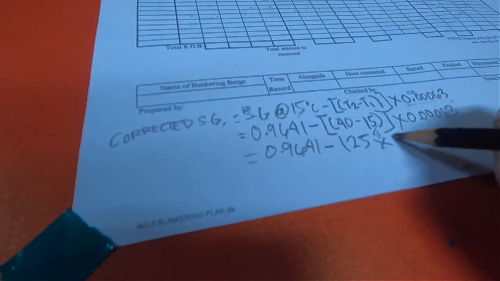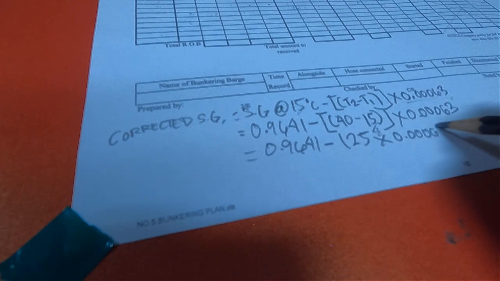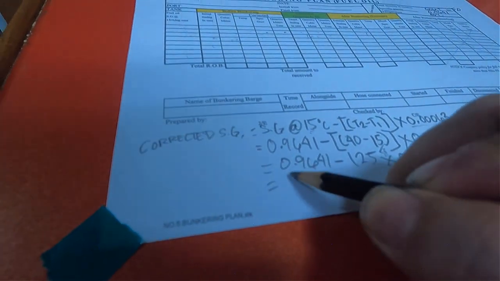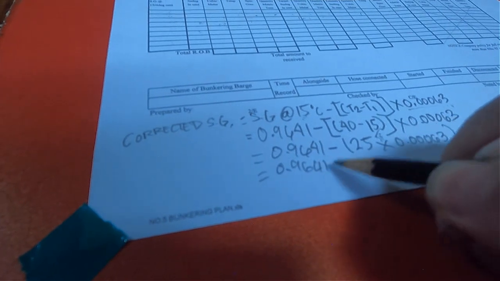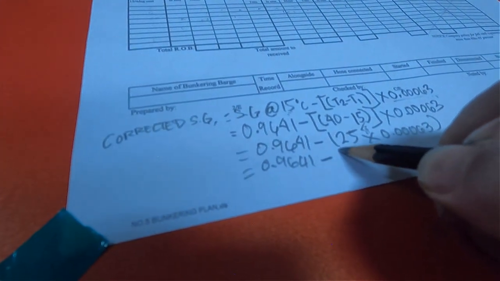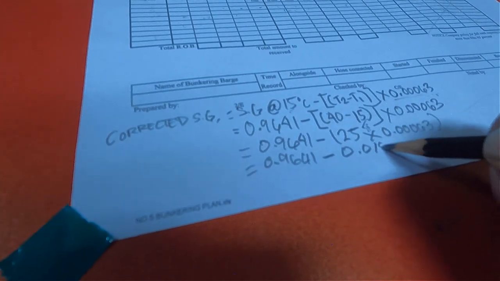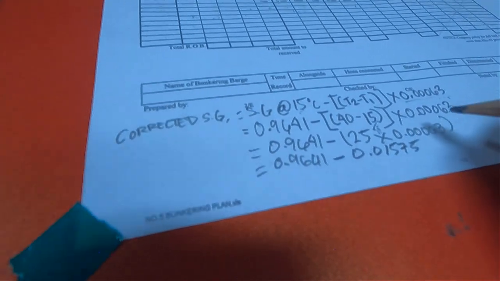Then 0.9641 minus 25 times 0.00063, which is 0.9641 minus 0.01575.